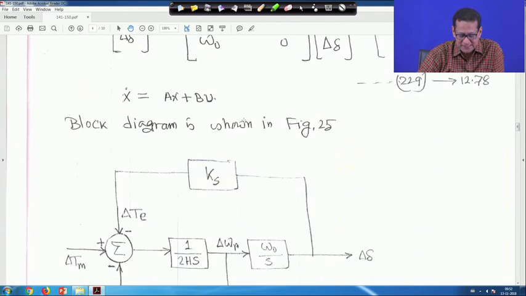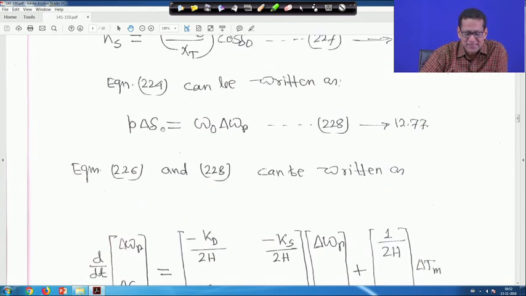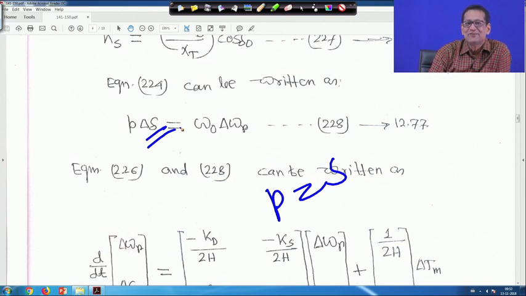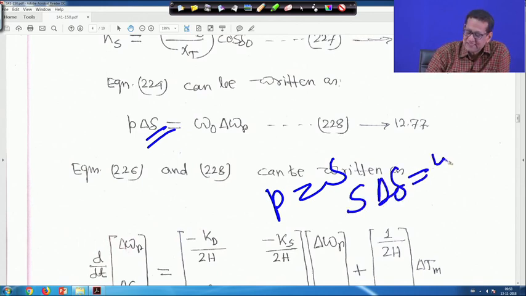When you put this in the Laplace transform, P is represented by S. Only P is replaced by S, and it is understandable. So, this is S delta equals omega 0 delta omega r.